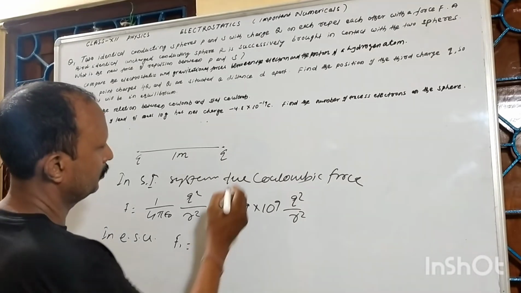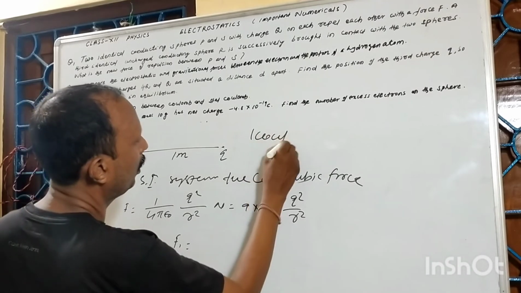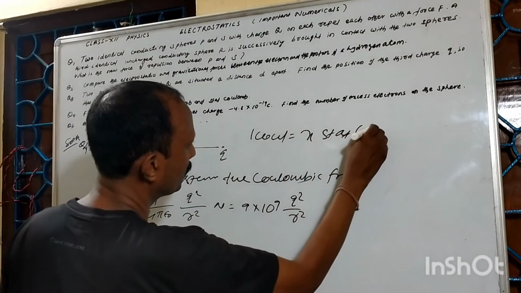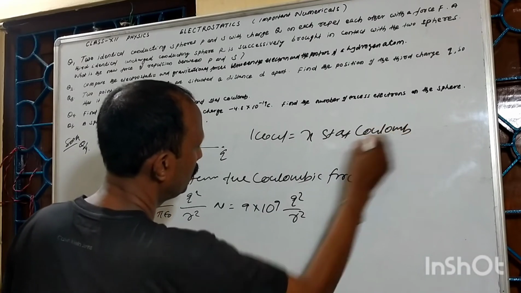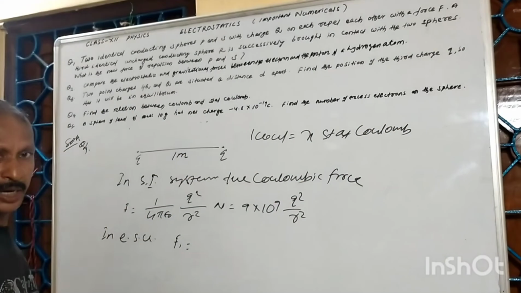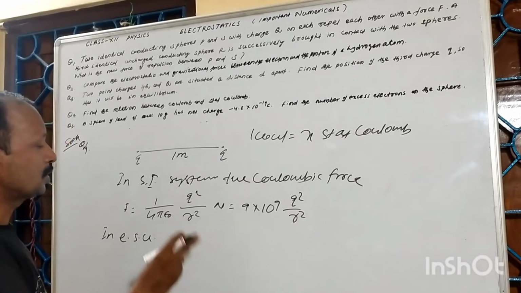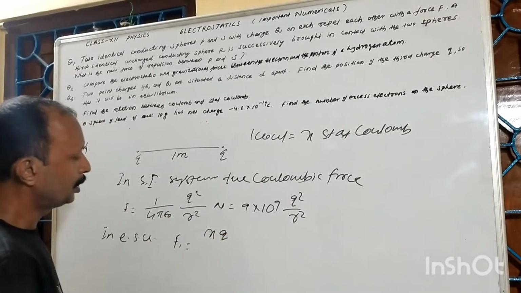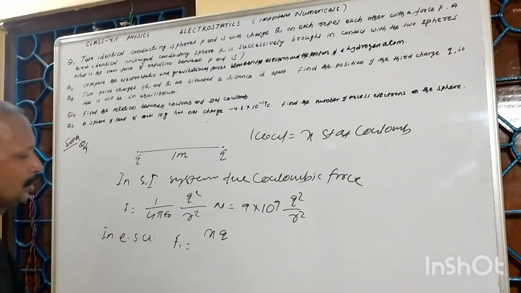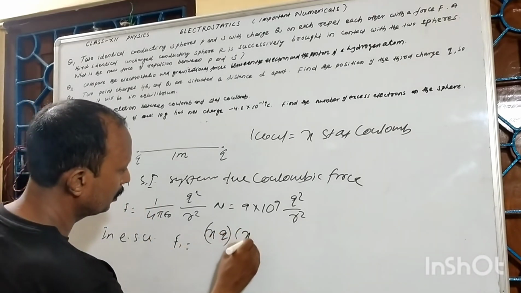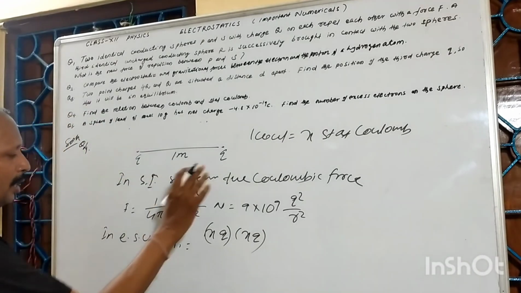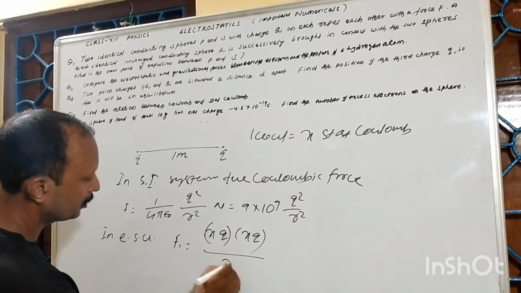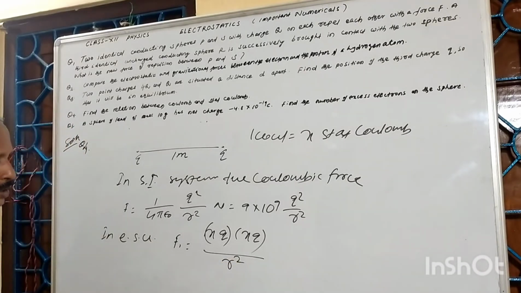in this case, you consider 1 Coulomb is equal to x statcoulomb. So Q Coulomb is equal to x into Q. So x into Q, x into Q, Q1, Q2 divided by r square. Here it is also r square.